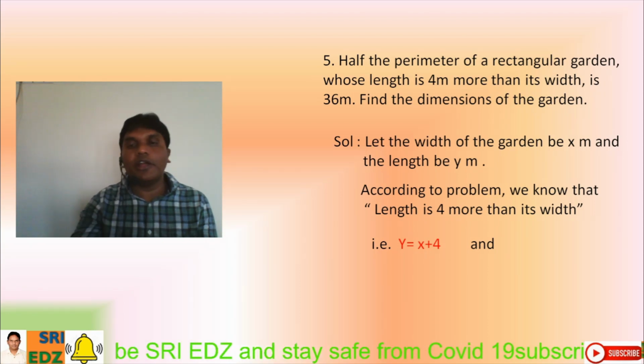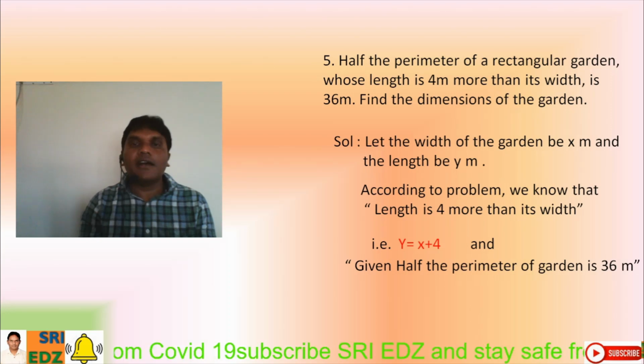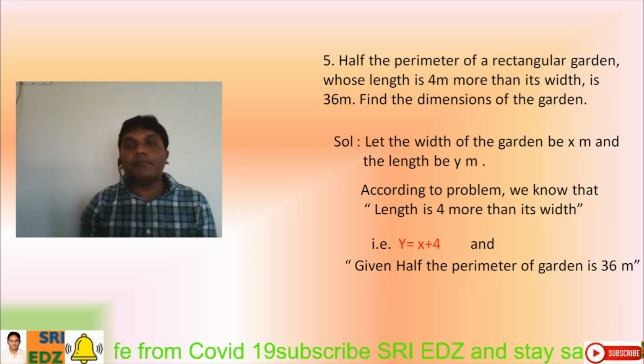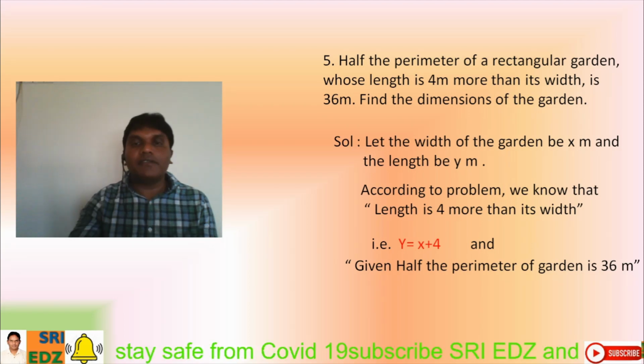And there is another condition: half the perimeter of the rectangular garden is given as 36 meters. Half of 2 times (x plus y) is equal to 36.